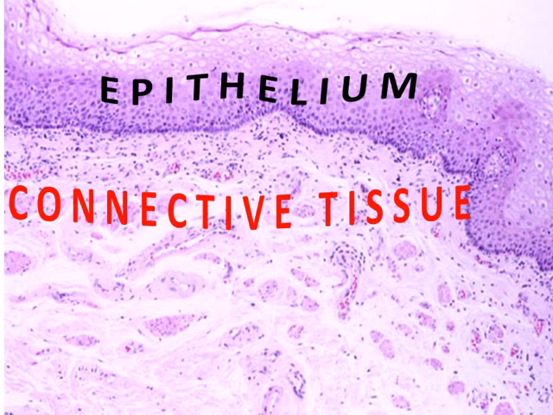This is a micrograph of a section of the esophagus, the tubular pathway that leads to the stomach. Note the clear difference in the two types of tissue present. The darker stained tissue is clearly epithelial tissue. If you look closely, you can discern that it is indeed stratified squamous epithelial.